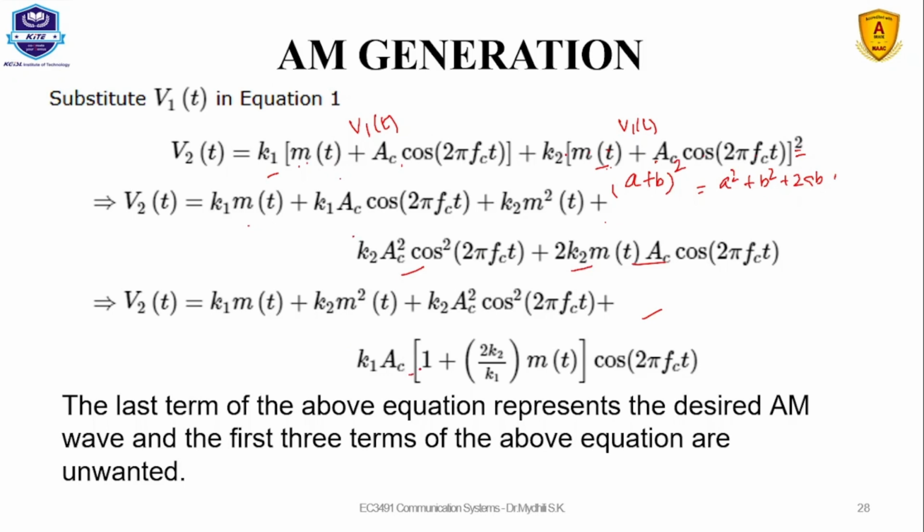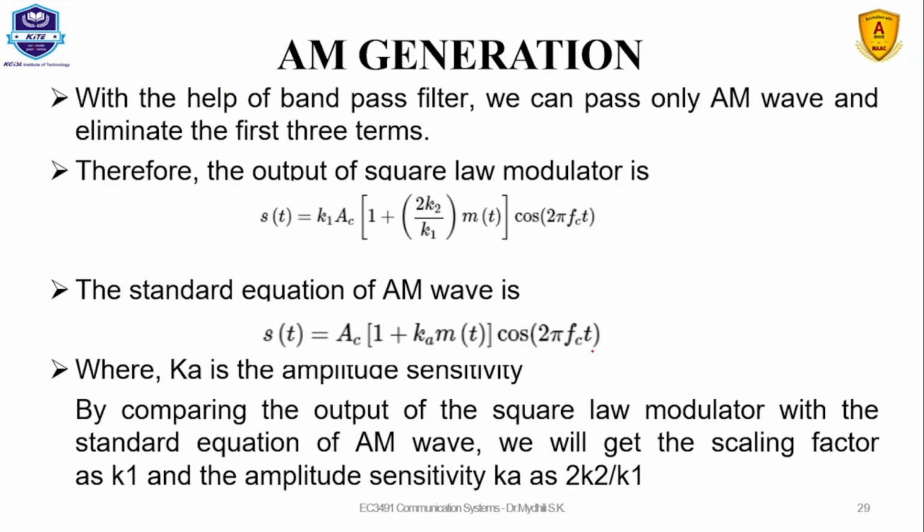We want only the three terms for the AM modulated signal. So here we pass the signal through the band pass filter, which rejects the squared term and gives only the amplitude modulated wave.